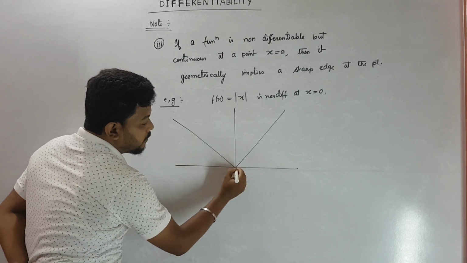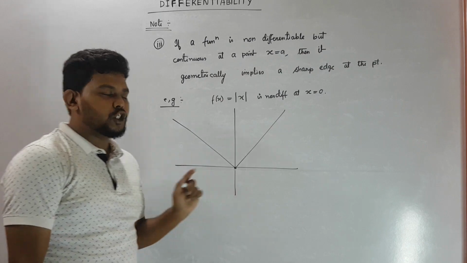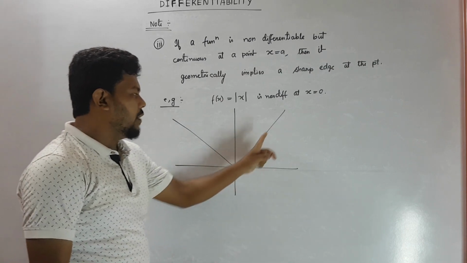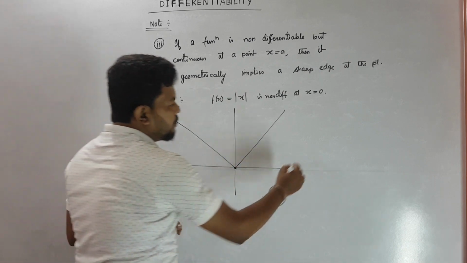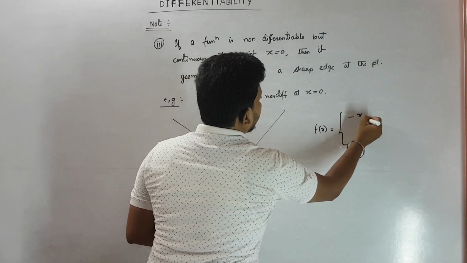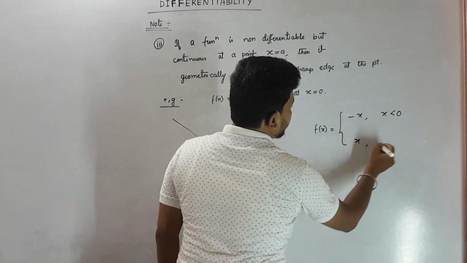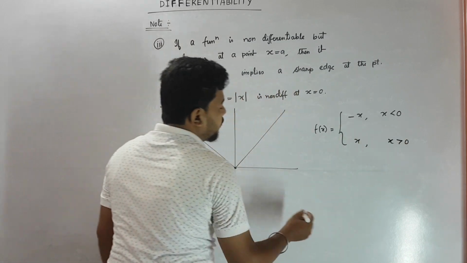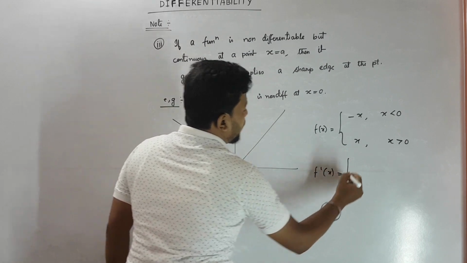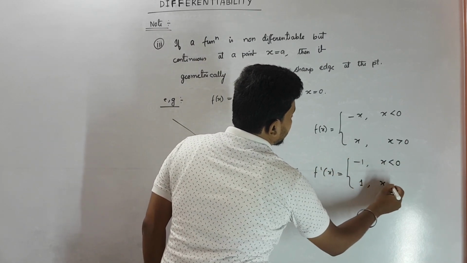At this point, your function is continuous, but it is non-differentiable because the left hand derivative and the right hand derivative are not equal. For example, if you take f of x is equal to minus x when x is negative and plus x when x is positive, if I find the derivative, it will be minus 1 when x is negative, plus 1 when x is positive.